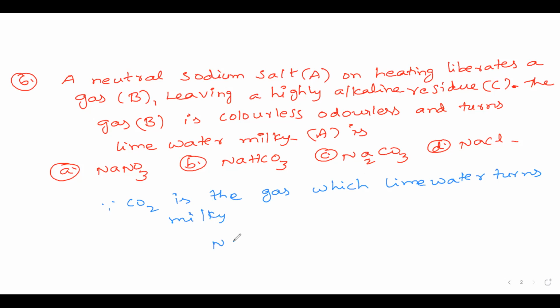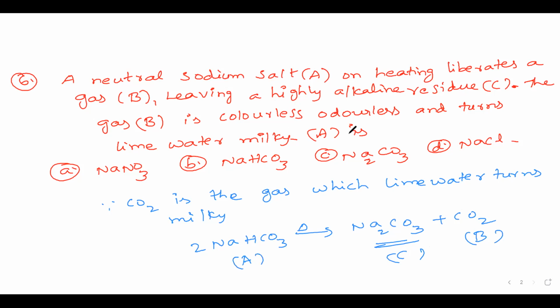Now let us see sodium bicarbonate on strong heating. It forms sodium carbonate, Na2CO3, plus carbon dioxide. This is the alkaline residue C, this is B and this is A. Then only it is applicable.